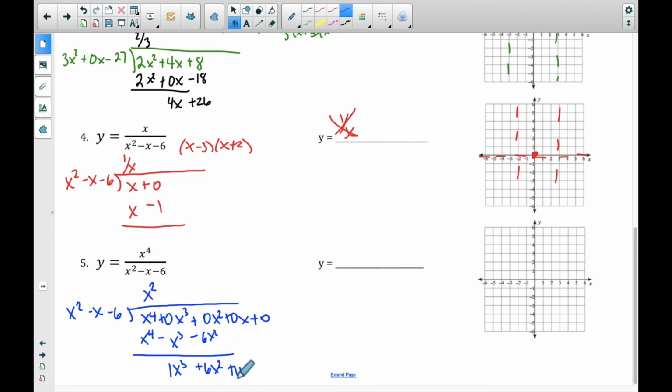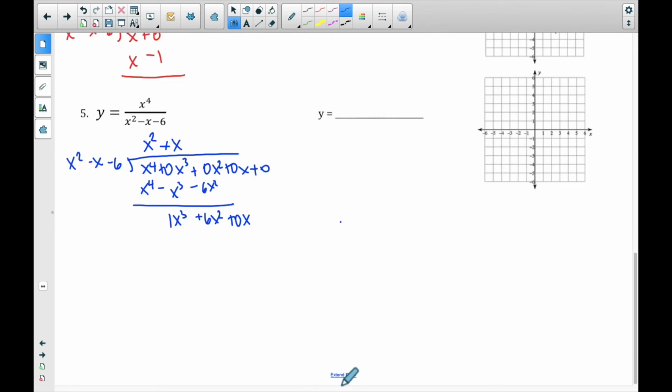I'll bring down my 0x. That means I'm going to get an x here, running out of space. So that's going to be x to the 3rd minus x squared minus 6x. I subtract, so that drops off. This is a 7x squared. This is a plus 6x because I'm subtracting. So now that goes in 7 times, and then I get a remainder.